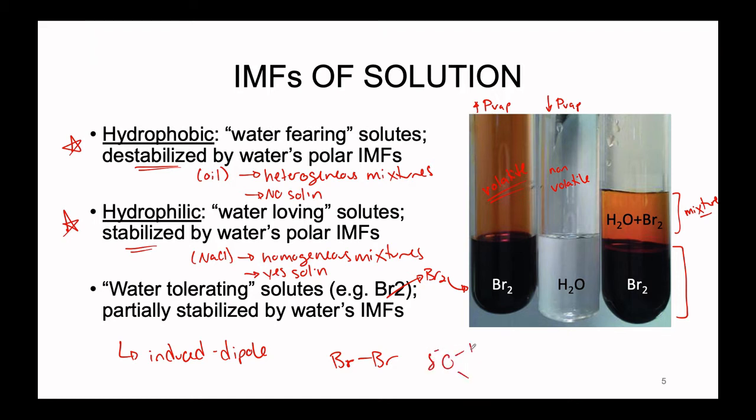The partially negative side of our water is going to be able to push the electrons from one side of the bromine to the other, leaving us with a partially positive charge on one end, a temporary partially negative charge on the other end, and this would be able to then attract another water molecule, specifically through the hydrogens, which are partially positive. So we can see that there are going to be some stabilizing interactions here, but it's going to require bromine to behave and to consistently push its electrons from one side to another.